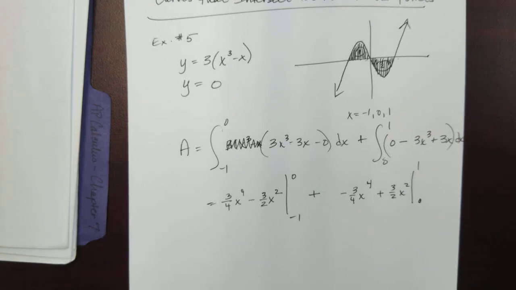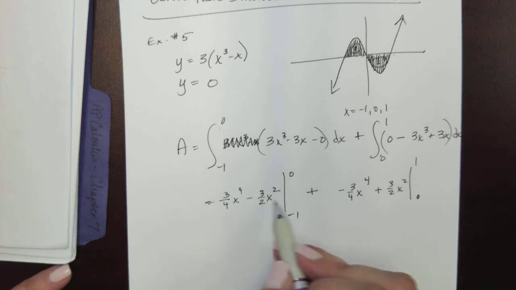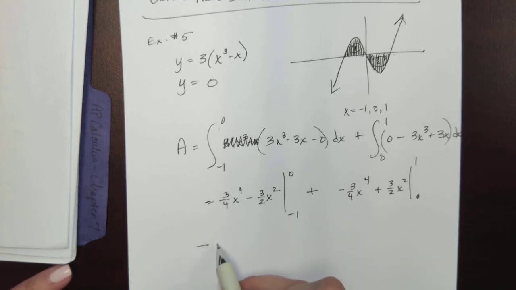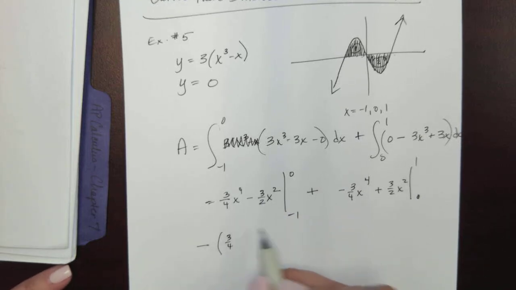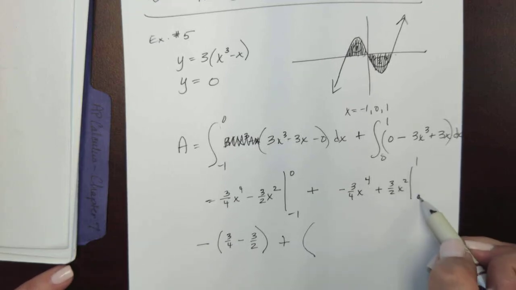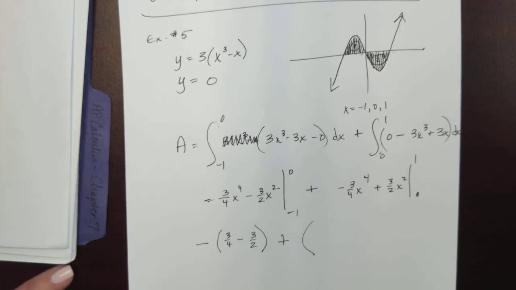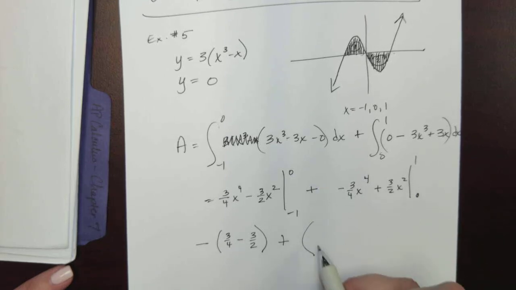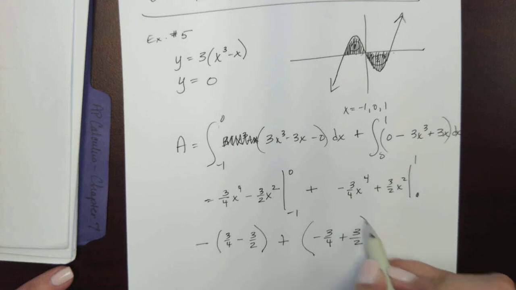Okay, so over here, this 0 term is gone. That's 0. So I have minus 3/4, negative 1 to the 4th is 1, minus 3/2. Plus, now my 0 is in the bottom, so I don't have to subtract anything. So I have negative 3/4 plus 3/2.